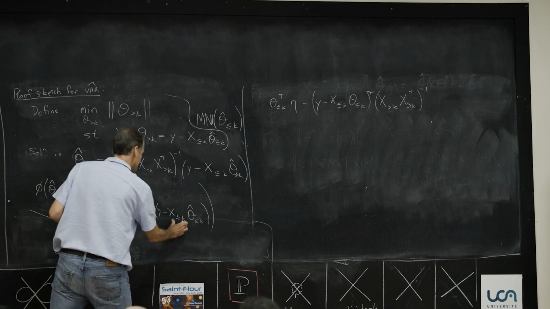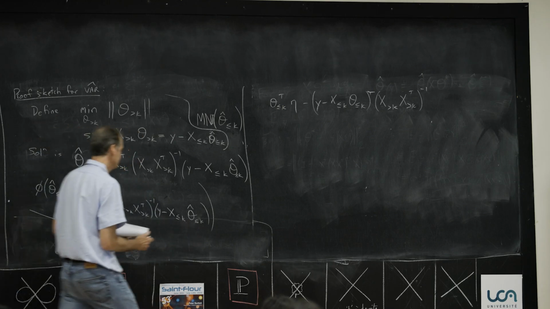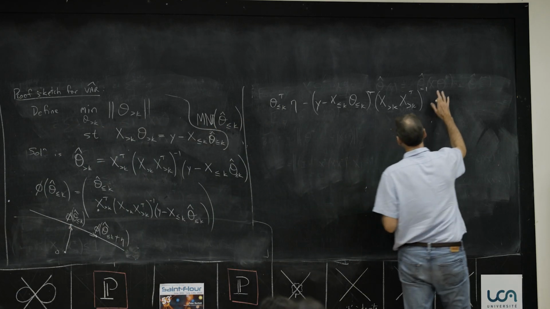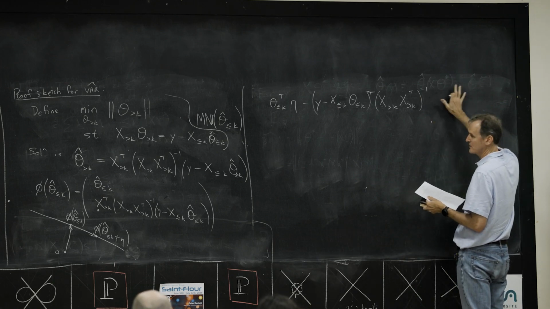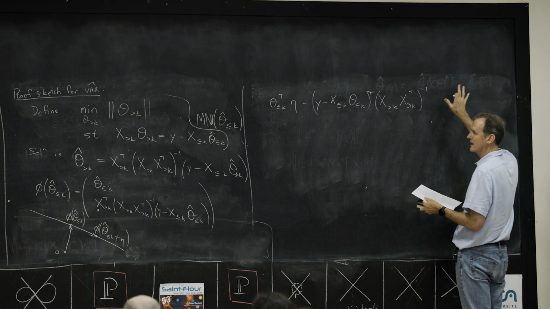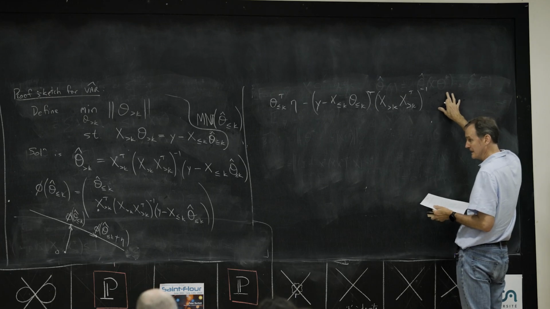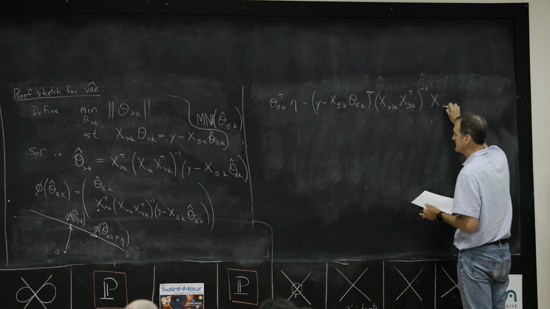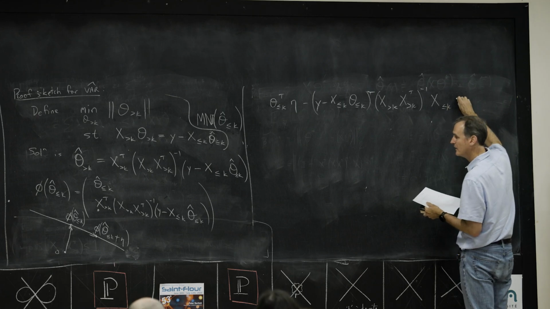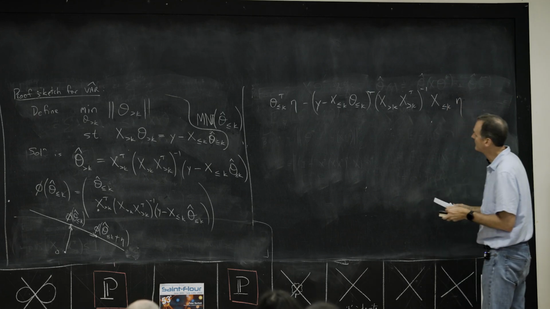So we lose x greater than k transpose times x greater than k transpose inverse, and we keep one more x less than or equal to k and eta.